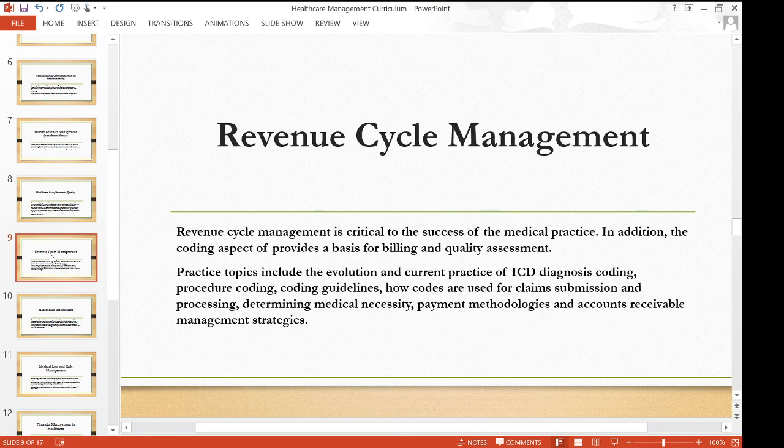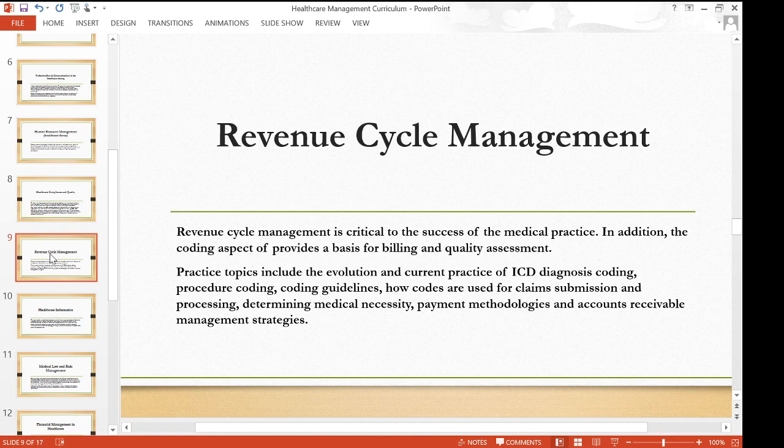Now the next subject you're going to learn in the healthcare management program is revenue cycle management. It is critical to the success of the medical practice. In addition, the coding aspect provides a basis for billing and quality assessment.